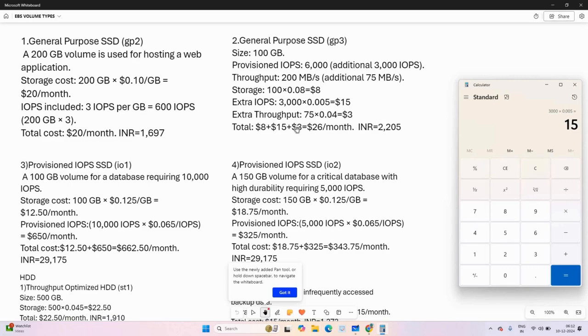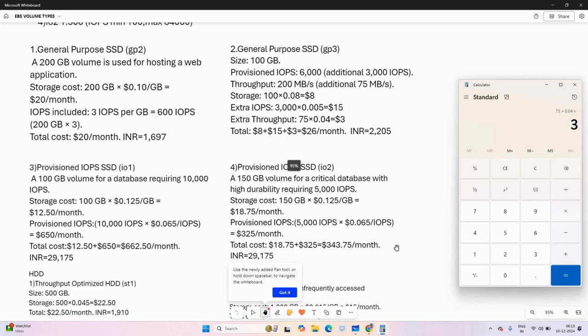And then the extra throughput 75 into 0.04 is equal to 3. So we sum all this storage, extra IOPS and throughput, it is around 2,205 per month in Indian rupees.